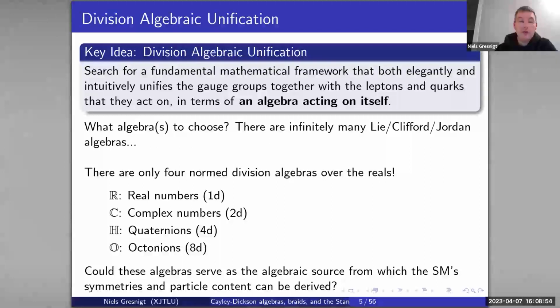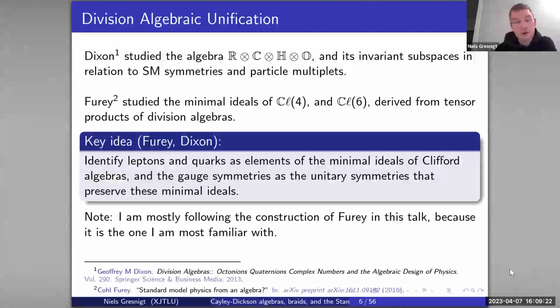And so the question that Furey asks in her thesis, and Cohl Furey and others have also looked a lot at this, is: since there are only four of them, could these algebras serve as the algebraic source from which we could derive both the standard model symmetries and the particles in a unified framework? So I want to spend a little bit of time going through these ideas and then what the results are to date, or at least some of the results.